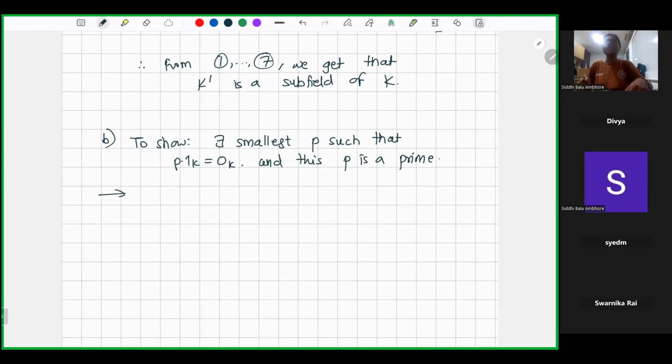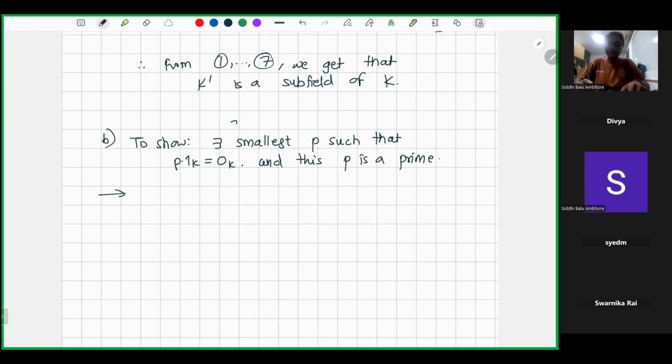Okay, any idea how we can show this? And how to proceed to show that?